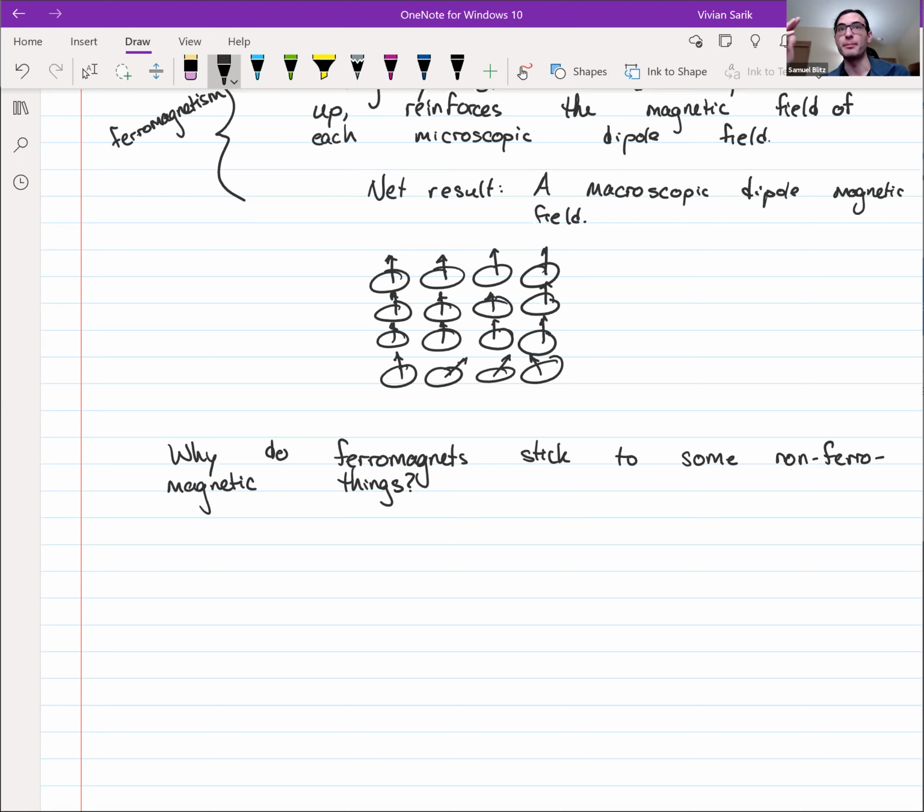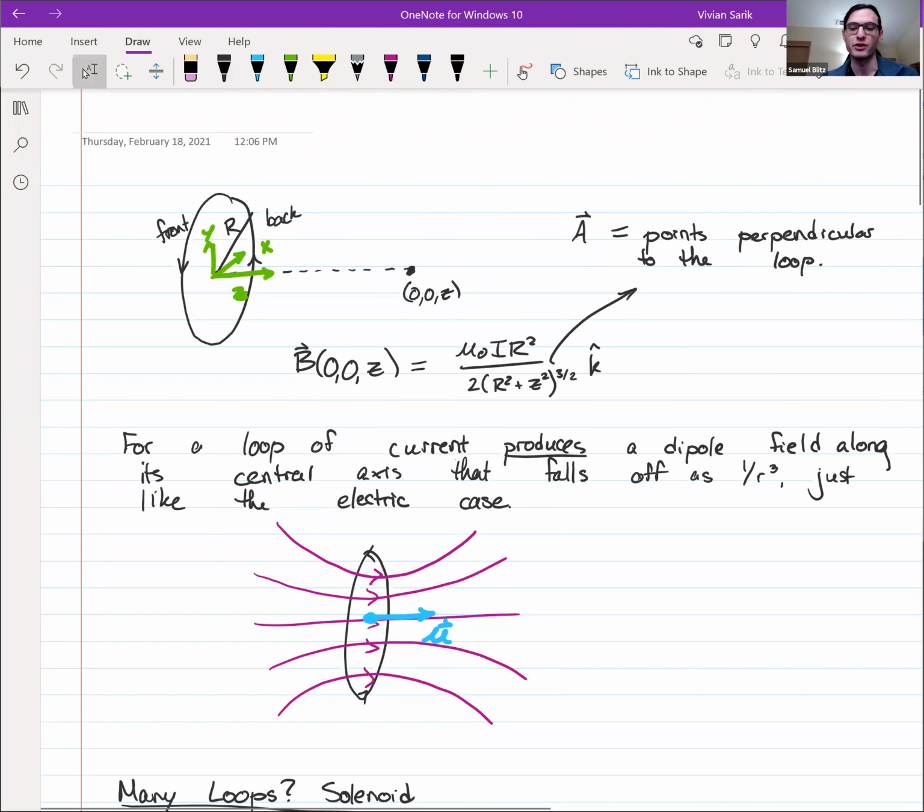You get a force between them that's a result of the dipole of one being attracted to the change in magnetic field of the other.